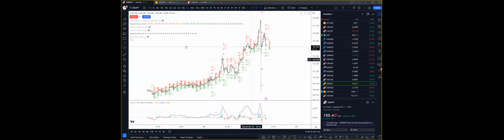So ideally what we'll be looking at today would be dollar yen. Why dollar yen is a very unique instrument is because of some of the fundamentals between these two currencies. Dollar being a major pair, anything with dollar is a major pair, and the dollar is basically the reserve currency of the world.